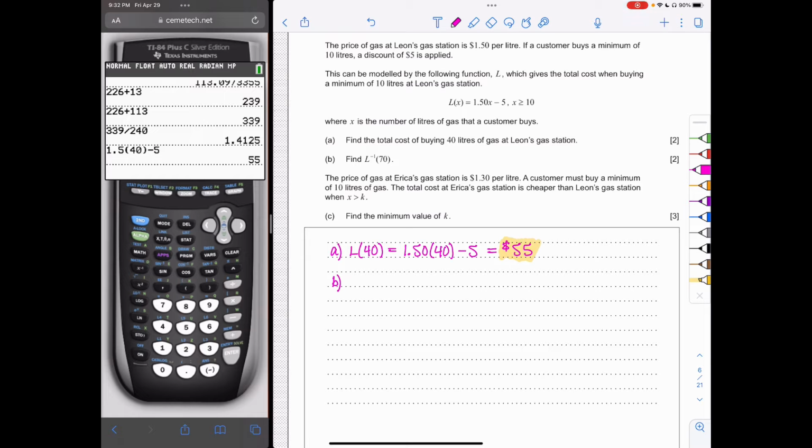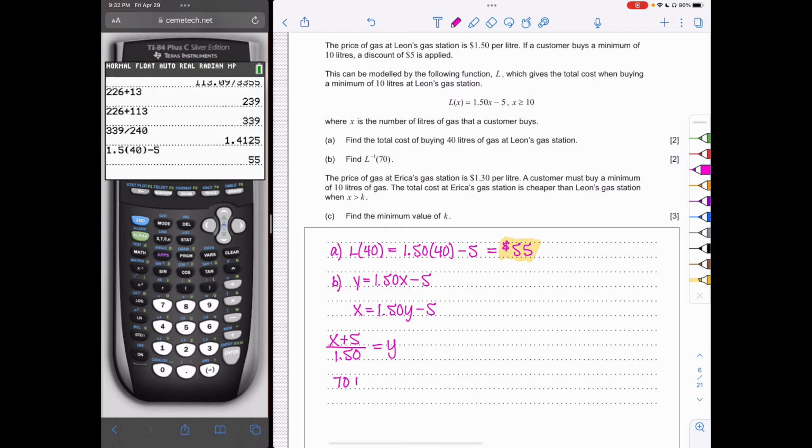You could have written your equation in the Y equals form, and then swapped the X and the Y, and then solved for Y, which would have been (X plus 5) divided by 1.50 equals Y. And then you should be able to substitute 70 in for X here.